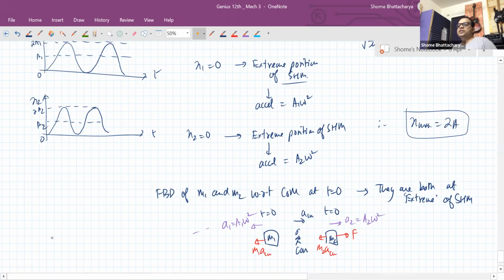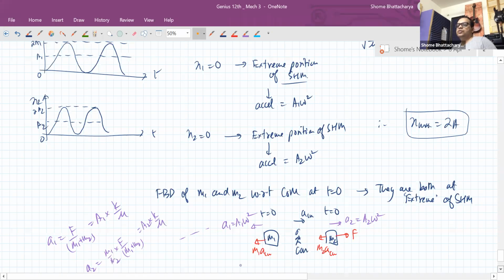Okay. So if you remember, we had calculated this a1 was F upon m1 plus m2, and that is only a1 into k by mu. And this a2 was m2 by m1, was it? No, m1 by m2, sorry, into F upon m1 plus m2. And that only is equal to a2 into k by mu.